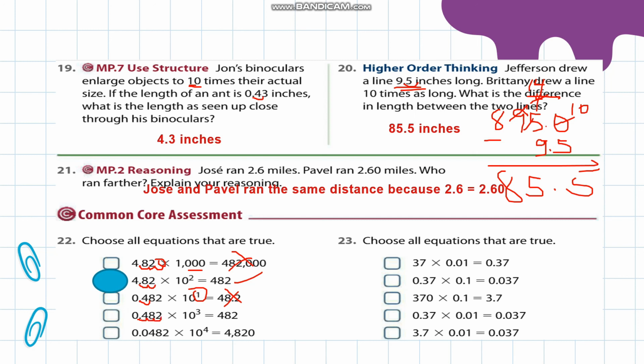So 482, that's correct. And 4 is an exponent, 1, 2, 3, and 4. So it should be 482, not 4,820.